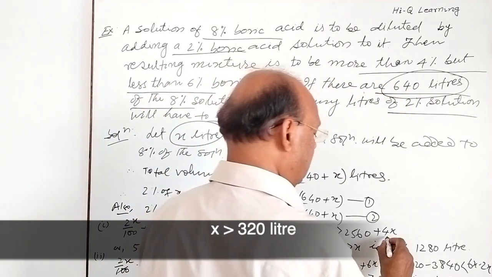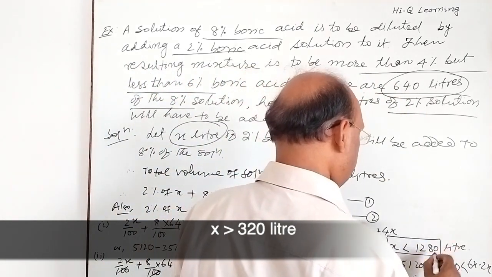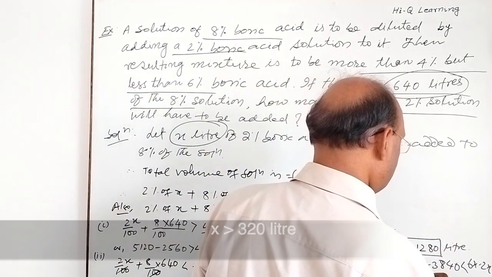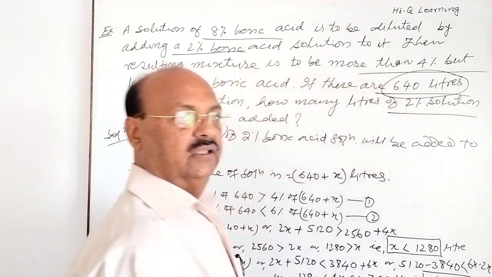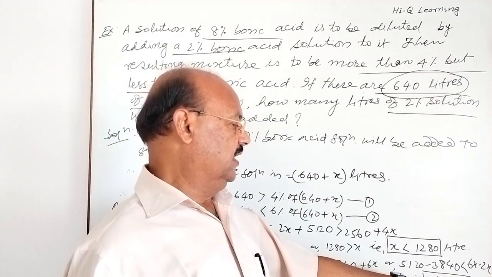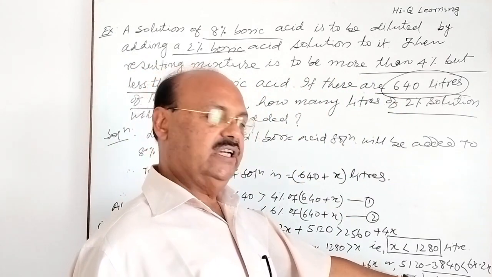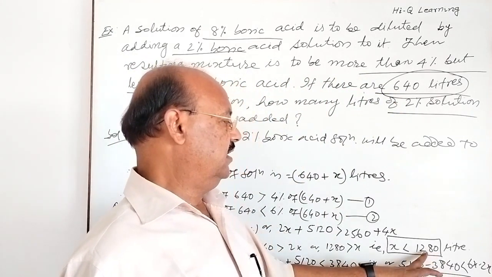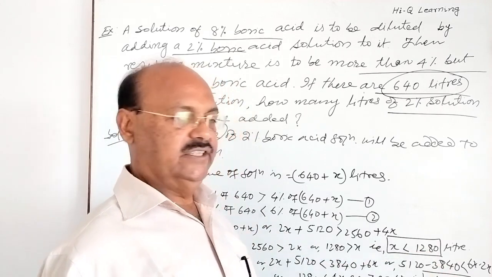So with the help of these two inequalities, we are getting the result. The amount of solution with 2% concentration should be greater than 320 liters but less than 1280 liters.